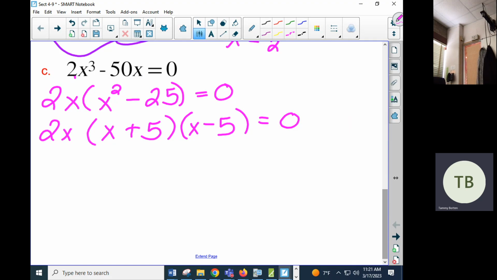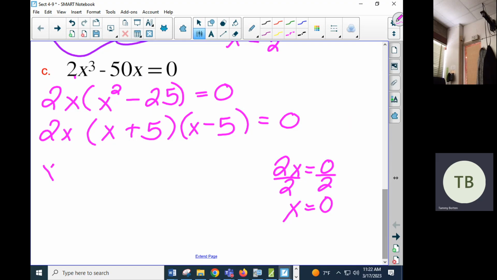Okay. Now we have to do our answers. If you have something out front that has a variable, your answer is just going to be 0. And if you tried that, if you set 2x equal to 0 and divided by 2, your answer would just be 0. Doesn't matter if you have any amount of number in front, it's always going to be 0.